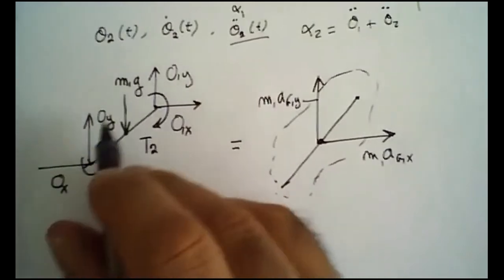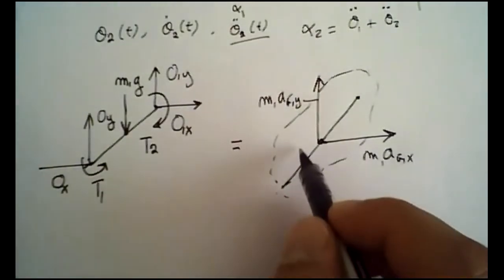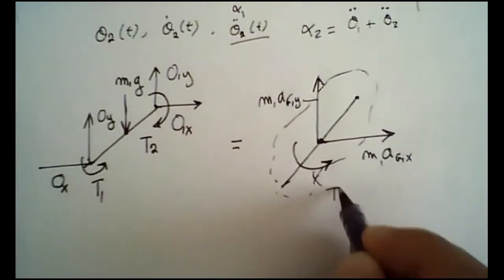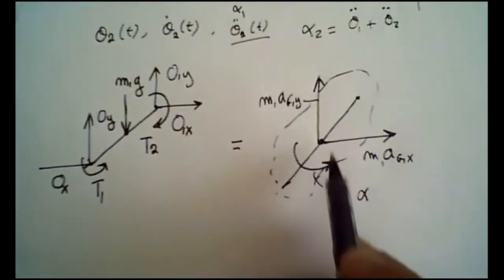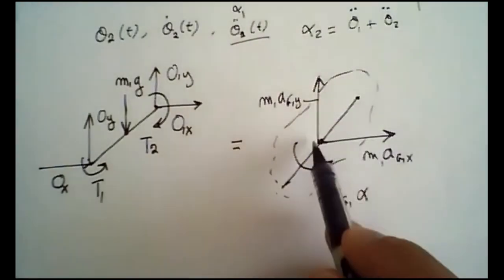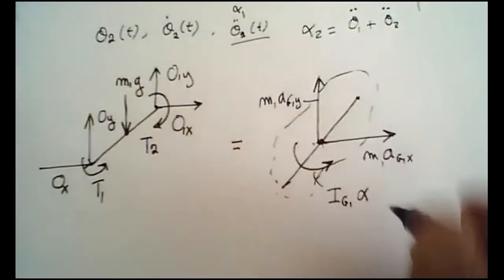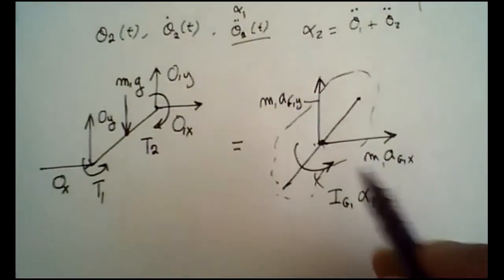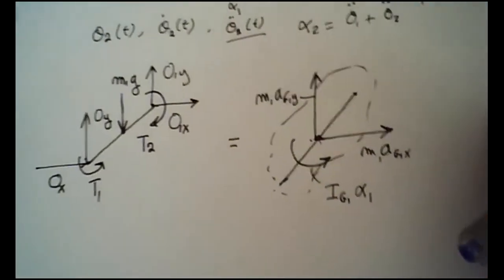And as a result of the forces being applied at some offsets, you will actually have a rotational inertia, and we call this one IG1 alpha. So here it's always IG1, the moment of inertia of this guy with respect to the center of gravity about this axis, like an axis through the pin, right? So IG1 alpha.